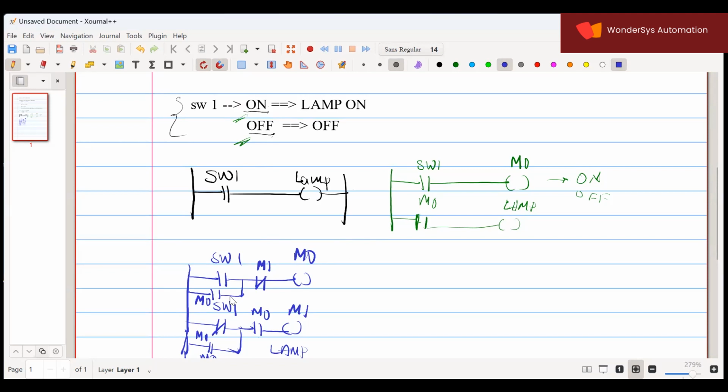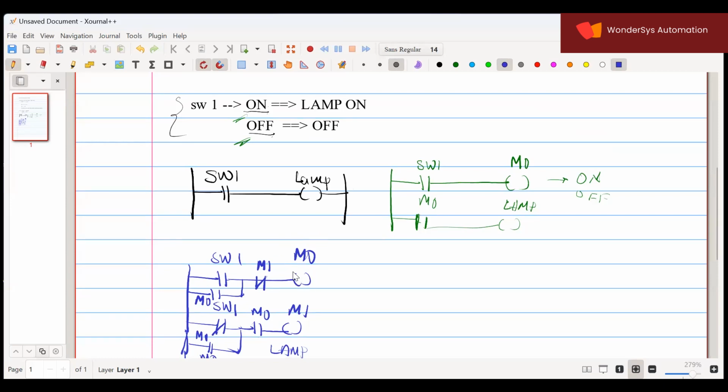Whenever I connect the switch in NO contact and connect that NO switch to a memory, I'll be storing an on status in memory. Now here, in the third program, you can see I'm using switch 1 in NO contact. That means I'm taking a high condition and storing it in memory M0.